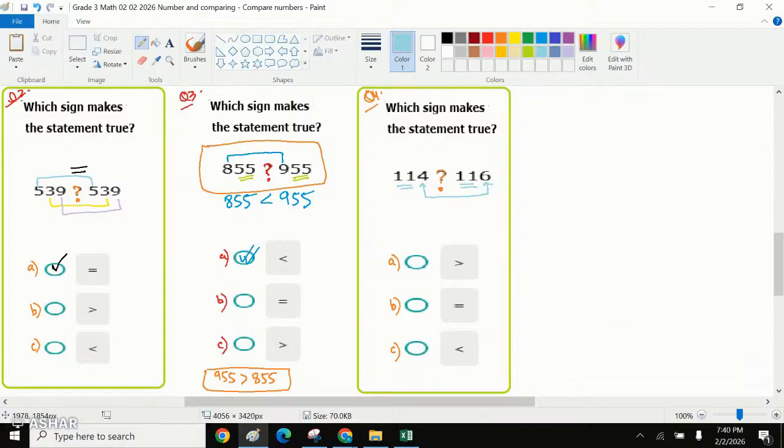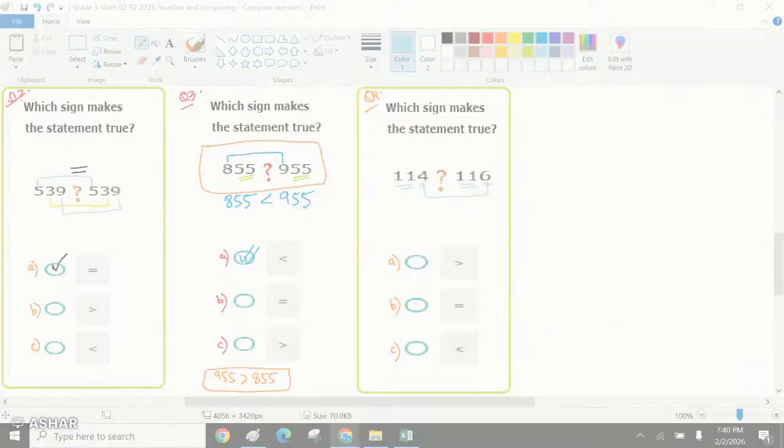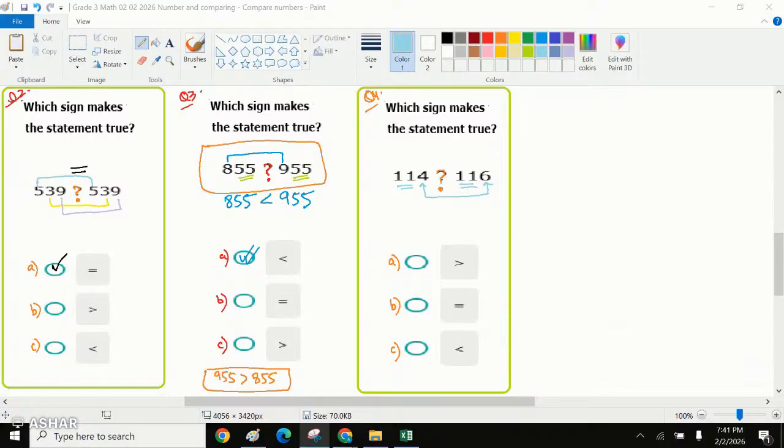What should be the answer? Yes, it should be equal to. What with 116? Option A, B, or C? Yes, 116 is greater, but which sign would we use? Yes, thank you. We would say, thank you, May. We would say 114 is less than, right?